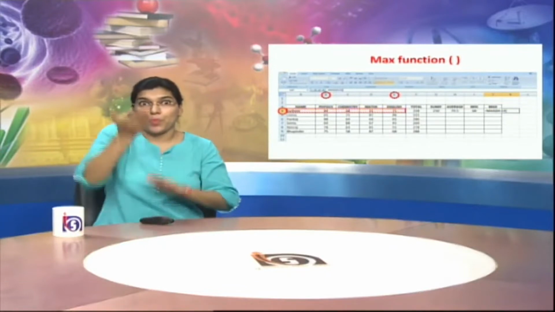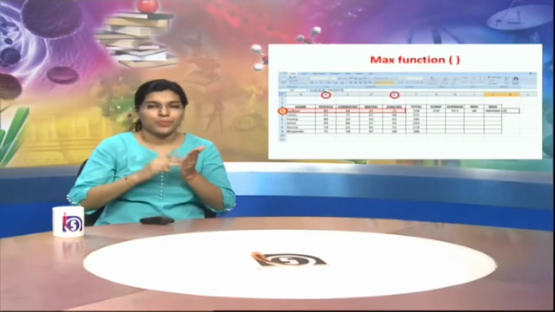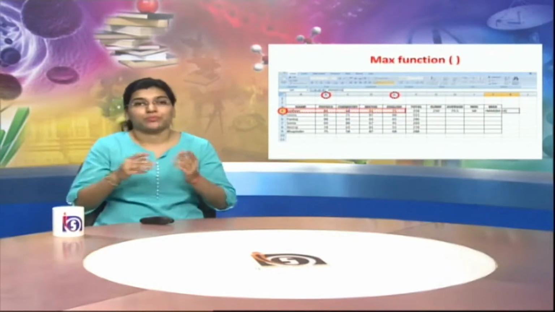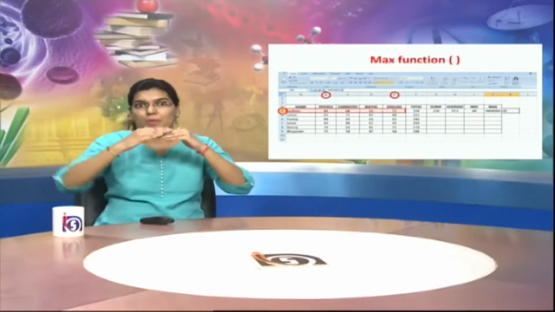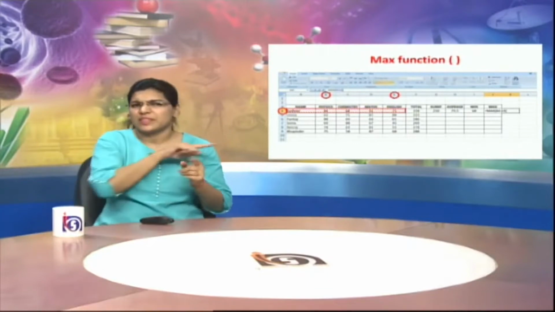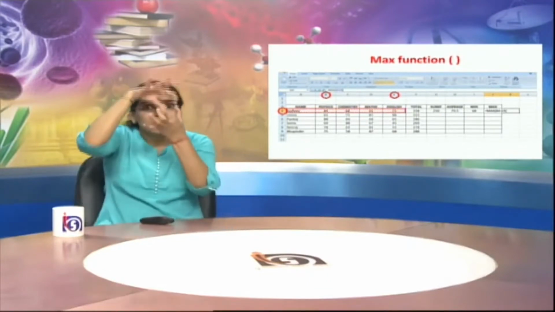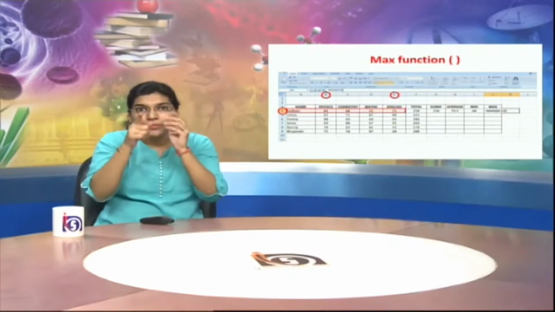Now let's understand the max function. Earlier we had talked about the minimum function, and now this is different. So the max function is used for marks which are more than. It is a kind of similar procedure.